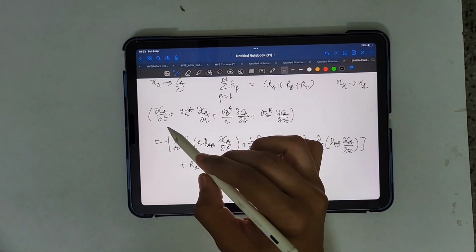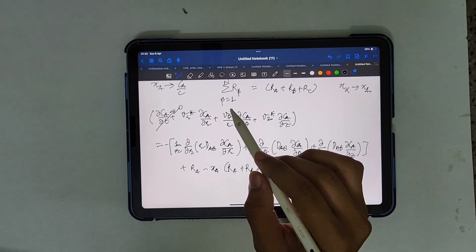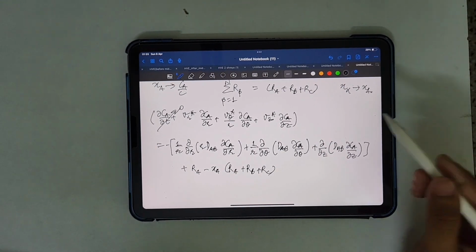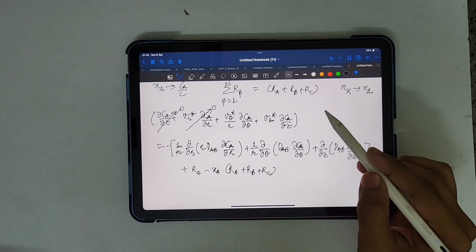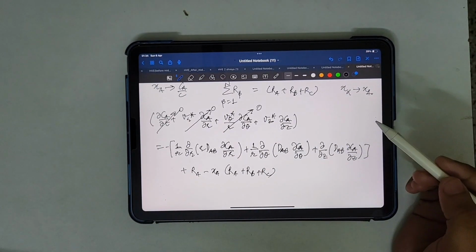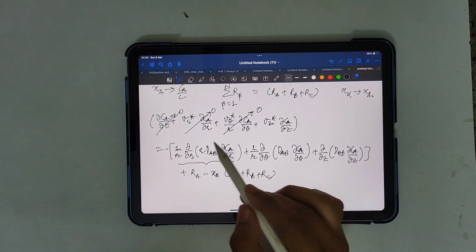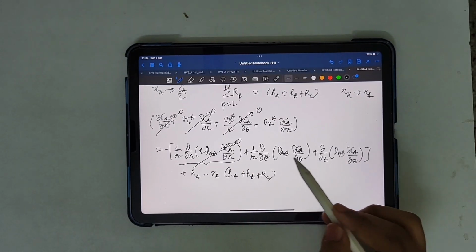So the term ∂CA/∂T becomes 0 because we have assumed steady state. Also because we have to calculate steady state concentration of A, VR star is 0, so this term also becomes 0. V theta is also 0, so this term also becomes 0. Now this term isn't changing with R, so this becomes 0.